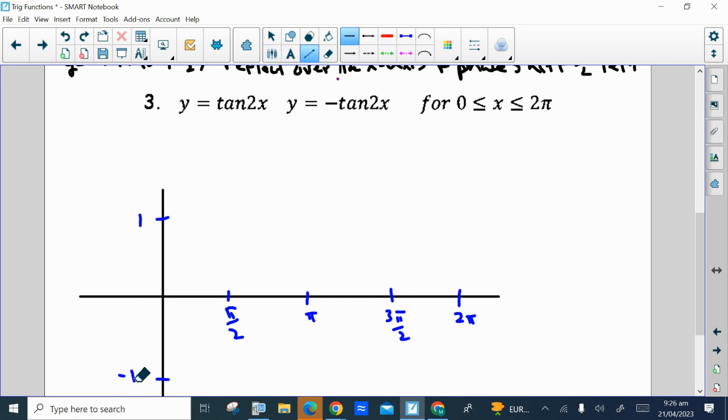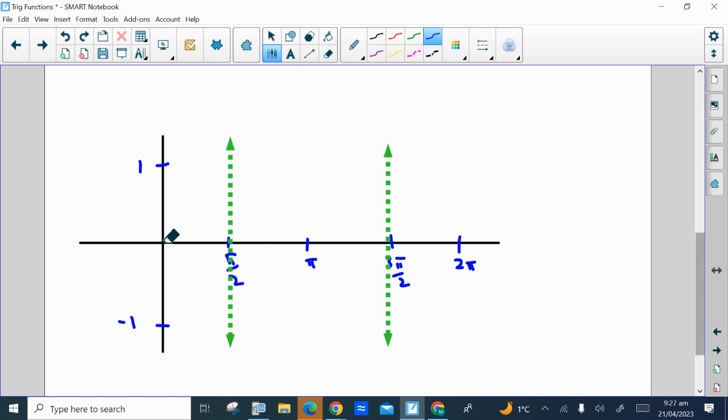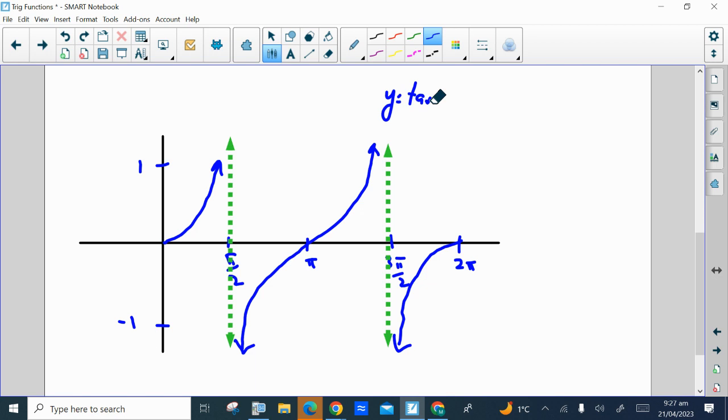And the original graph had asymptotes at every pi on 2. So this is the graph of tan x.